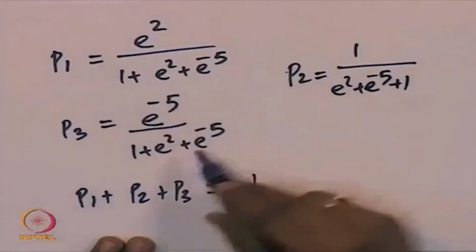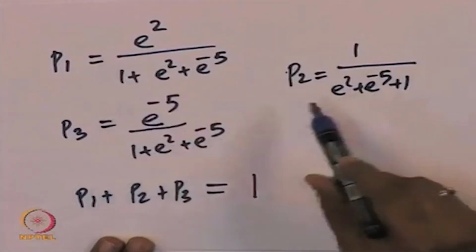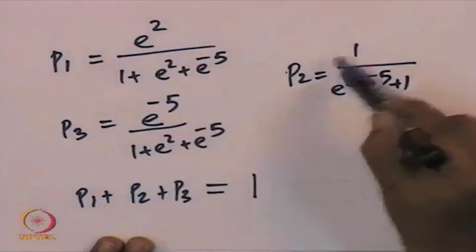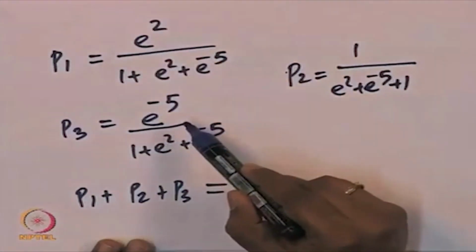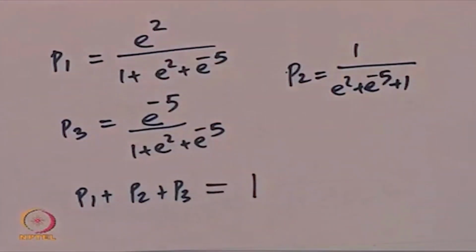The denominator is the same in all of these, and the sum of the numerators will become 1 plus e power minus 5 plus e power 2, and this will become 1. So, if you know the partition function, you can calculate the probability of finding the system in any state i, and from that you will get the total probability.